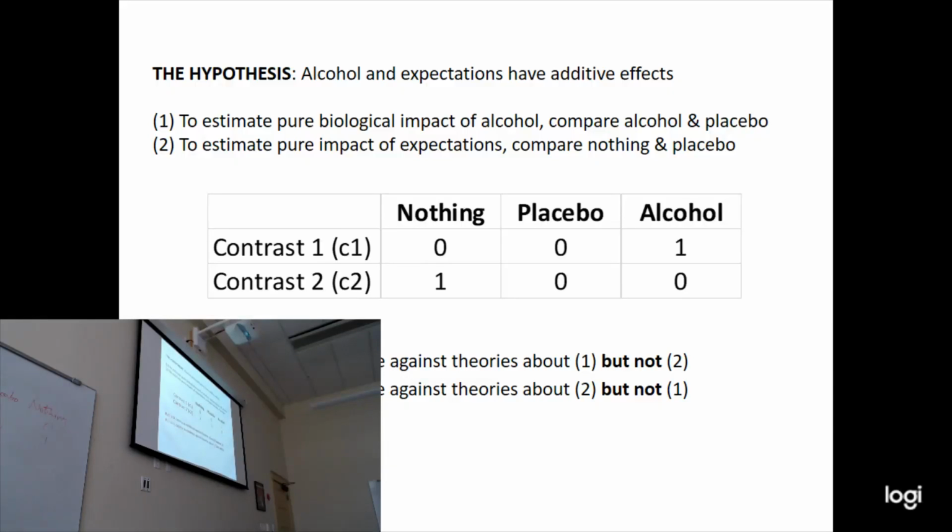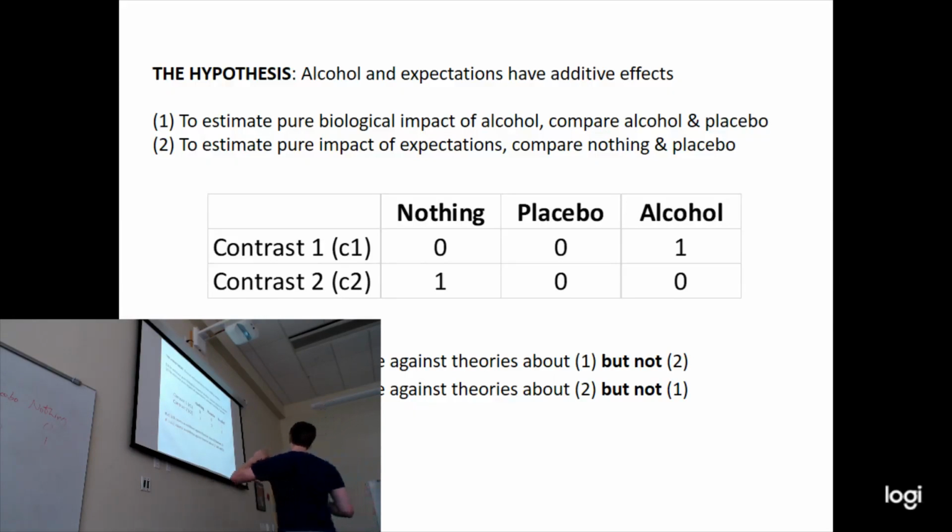So the comparison of placebo to alcohol deals with whatever theories you might bring to bear about the physiological impact of alcohol, right? Whereas the effect of expectations seems like it deals with a different set of theories.